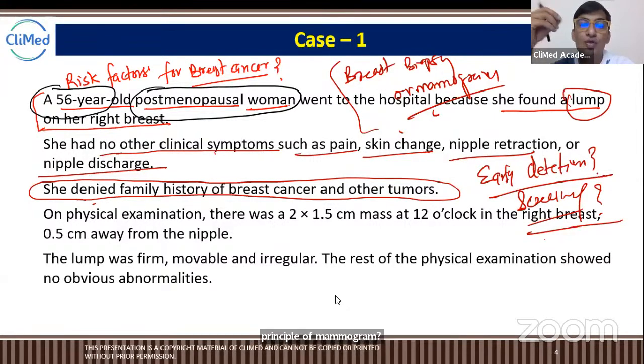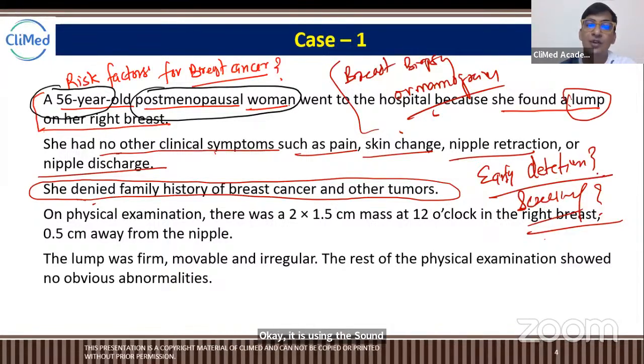Mammogram is also ultrasound, ultrasonography, using sound waves like echocardiogram. Mammogram is similar to ultrasonography or echocardiogram. It is not using any kind of rays, but it is using sound waves, right?